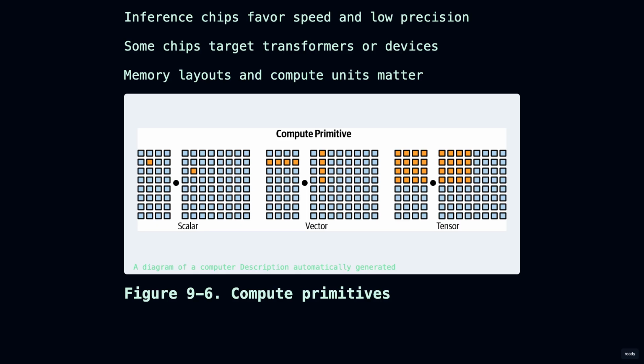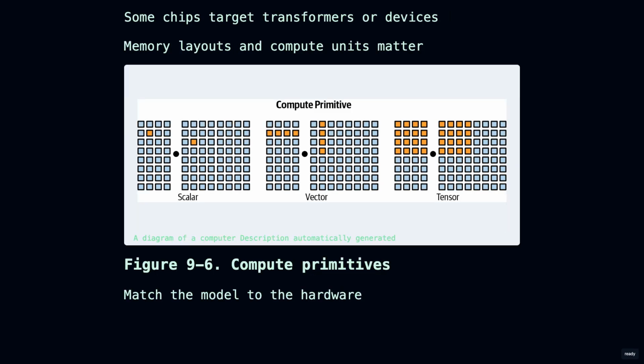As hardware evolves, chips move from scalar operations to vector and tensor operations to better fit AI workloads. Modern GPUs now include tensor cores, and TPUs are built around tensor operations from the start. The lesson is simple. Performance improves when the model's layout matches the chip's native primitives.